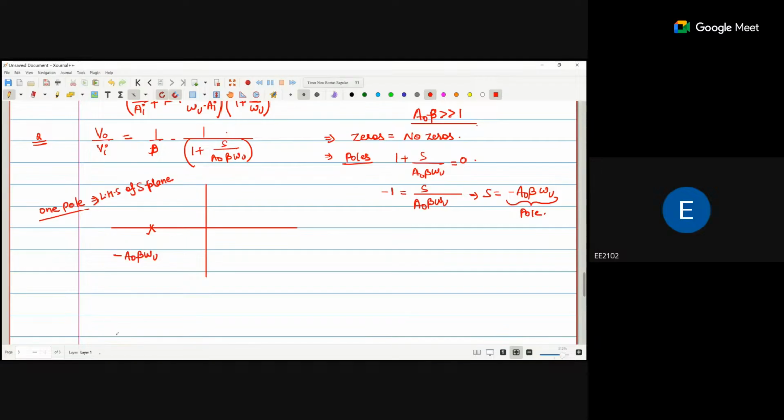So it is stable. But the thing is, is it stable for all values of A0, β and ωu?